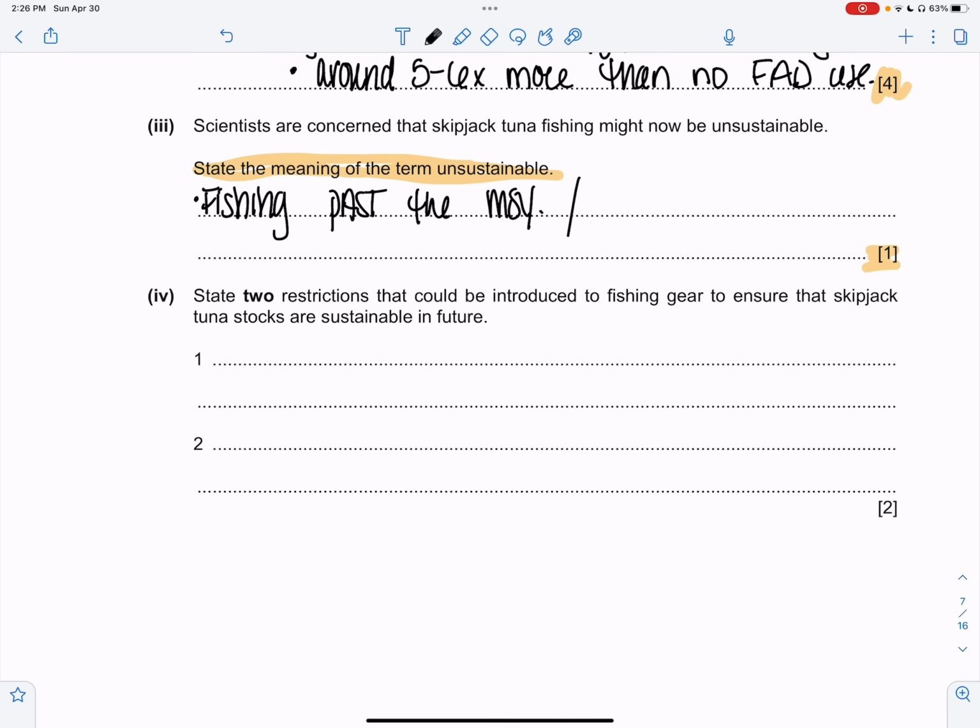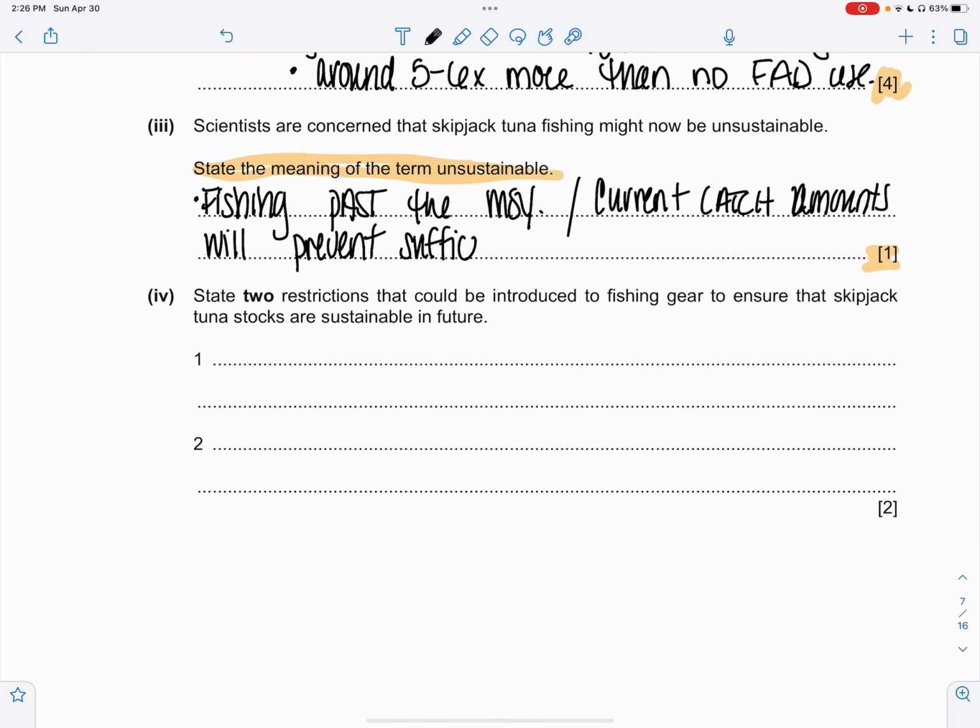So something describing that current catch amounts will prevent a sufficient amount of fish or tuna breeding in the future. There won't be enough.